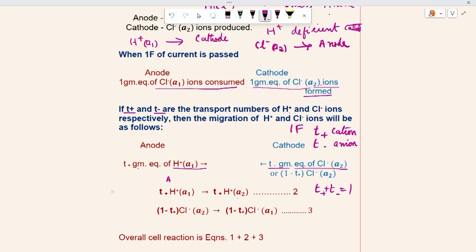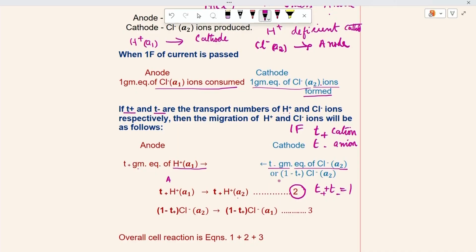So, T plus of H plus ions migrate from the anodic compartment to the cathodic compartment, where the activity was A1 in the anodic compartment, while in the cathodic compartment it becomes A2. I am going to represent it as equation number 2, because this is also simultaneously occurring within the cell while the cell reaction is going on.